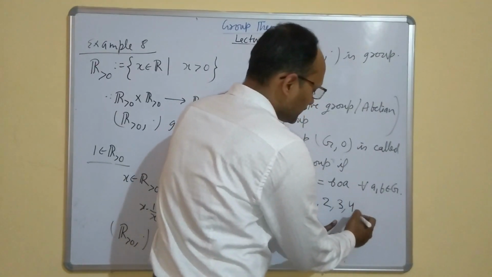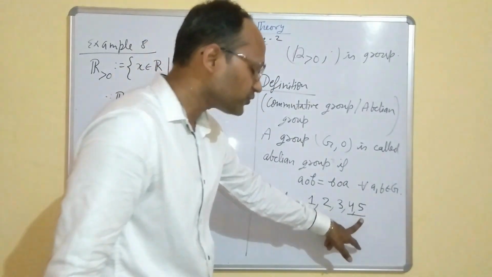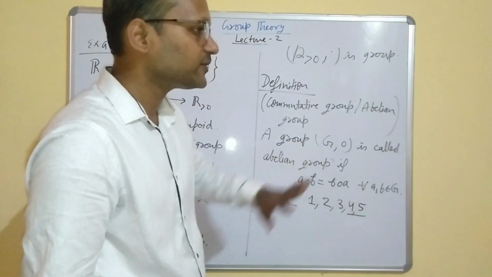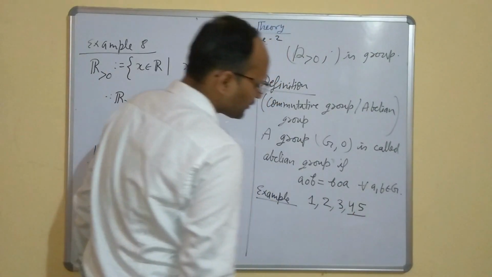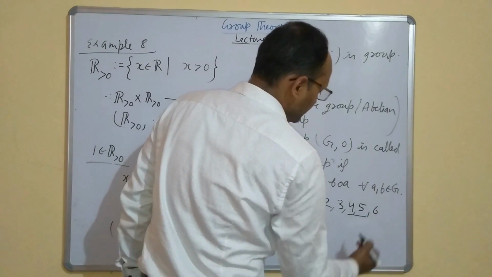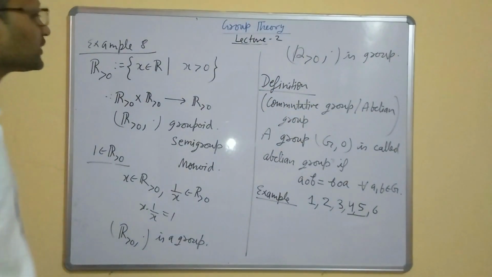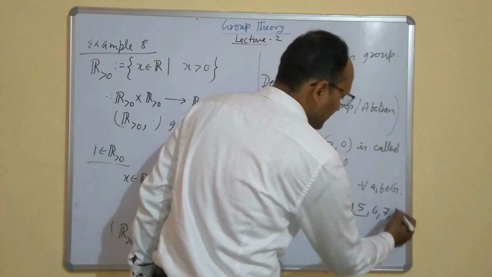Fourth example, fifth example, roots of unity and nth roots of unity, both are under the multiplication of complex numbers, so they are abelian operations.